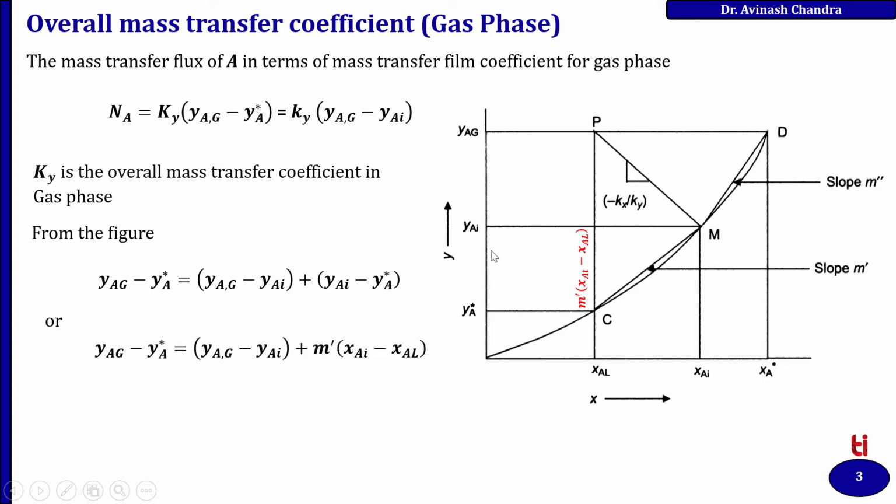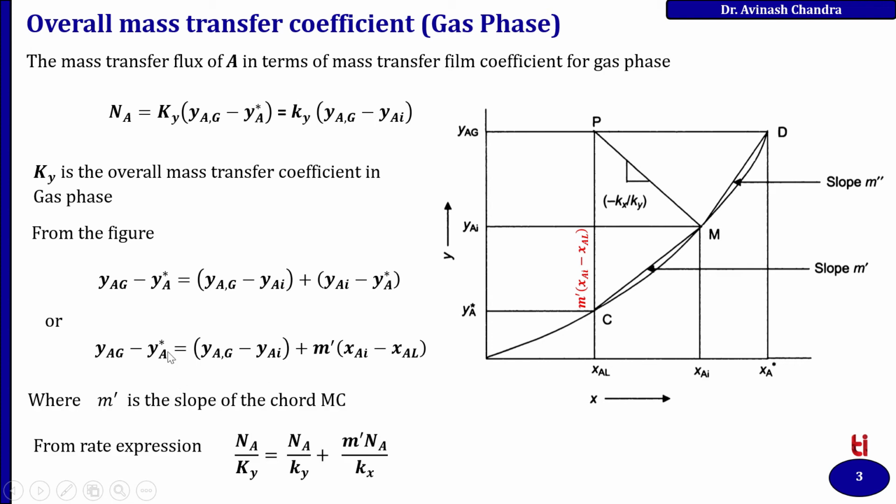If m' is the slope of this line, then the vertical component of this line can be written as m' (xAI minus xAL), which is already incorporated here, and we replace this value by this one. Finally, in terms of fluxes, N_A/Ky equals N_A/ky plus m' N_A/kx, and if you cancel the common terms, the final expression is 1/Ky = 1/ky + m'/kx.